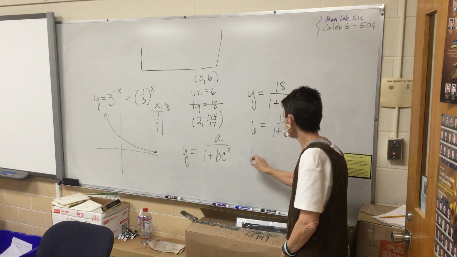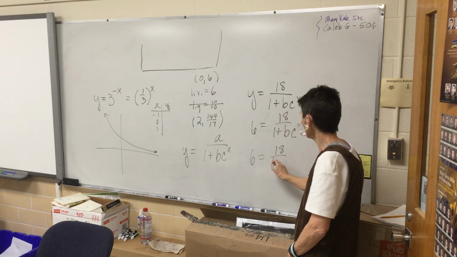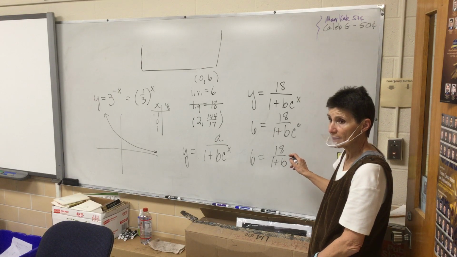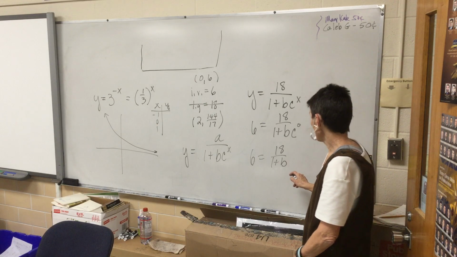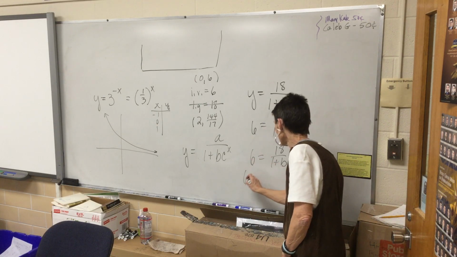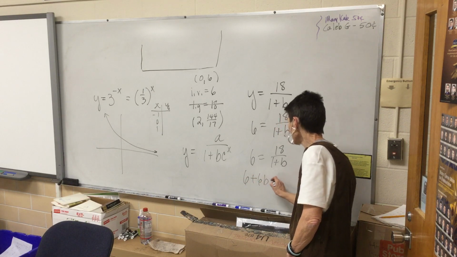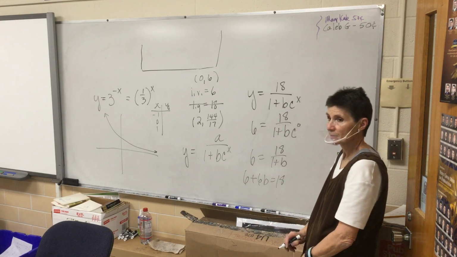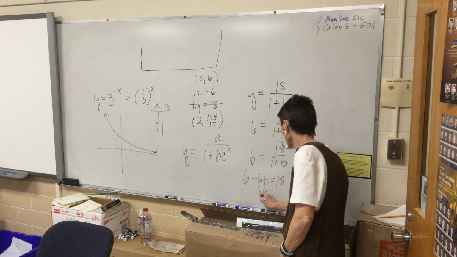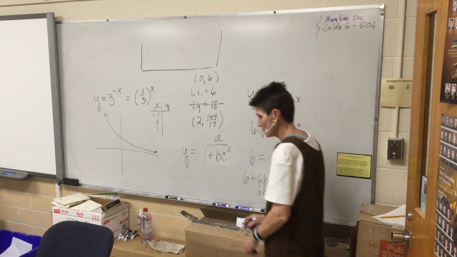So I have 6 equal to 18 over 1 plus b. Right? So then 6 plus 6b equals 18. 6b equals 12. I got b equals 2. Is that what you got?